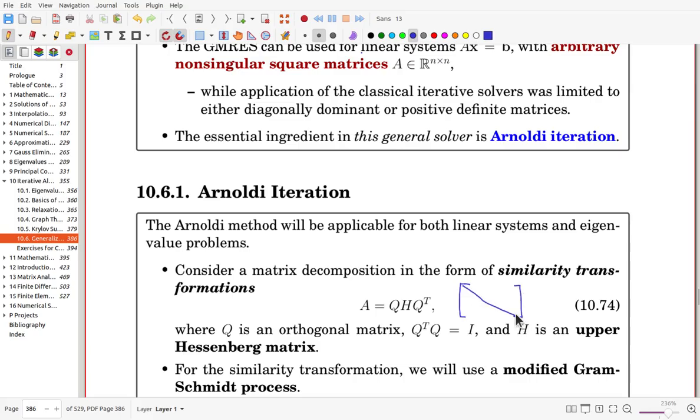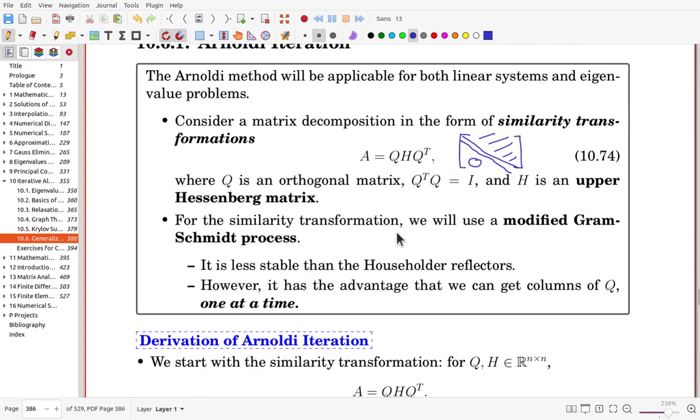It's an upper triangular matrix with one more diagonal just below the main diagonal. These entries are non-zero, and everywhere else is 0. Then the matrix is an upper Hessenberg matrix.